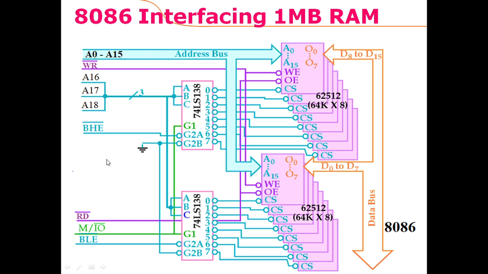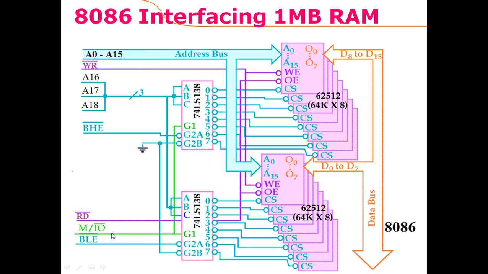And then there is a bank high enable. This bank high enable would enable the upper bank. If a 0 is provided, then it is connected with G2A, so this bank is enabled, provided the M/IO pin is 1, so that the memory is accessed. This one is connected with G1 of both of the 2 decoders.